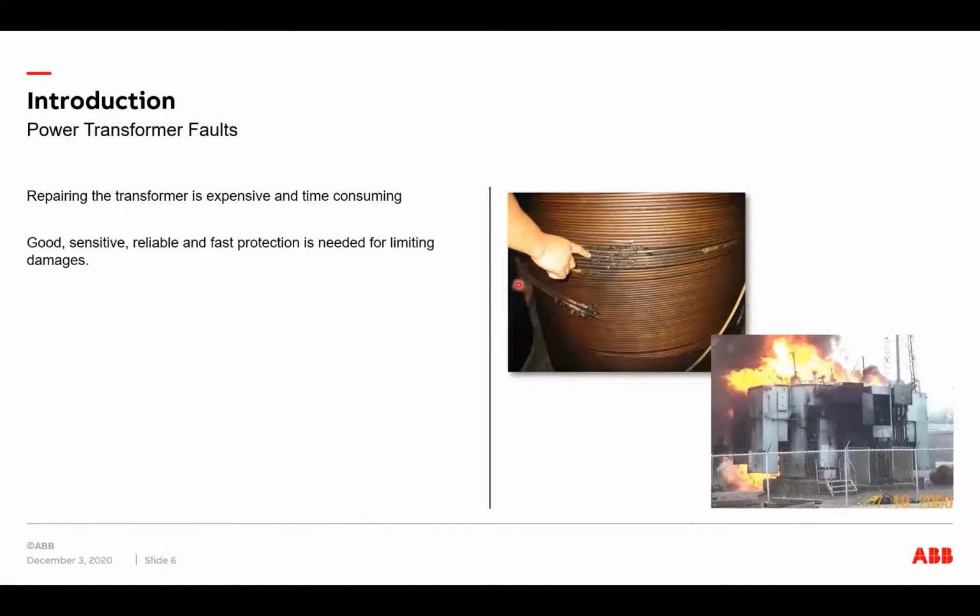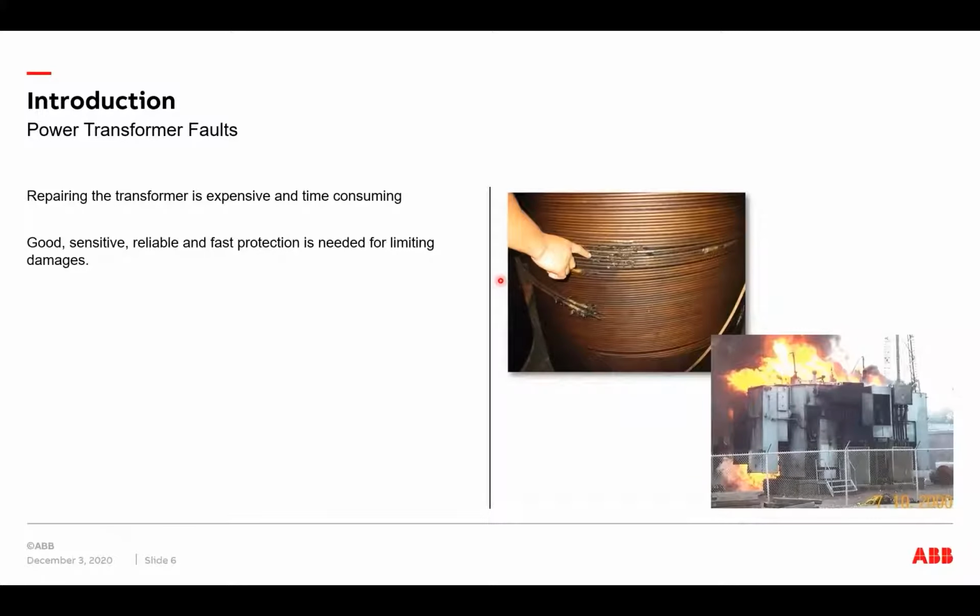So when a fault happens, for example, like in this picture here, where we have an interturn fault in the winding, the fact is that repairing will be very expensive and time consuming, since this is something that cannot be done on site.